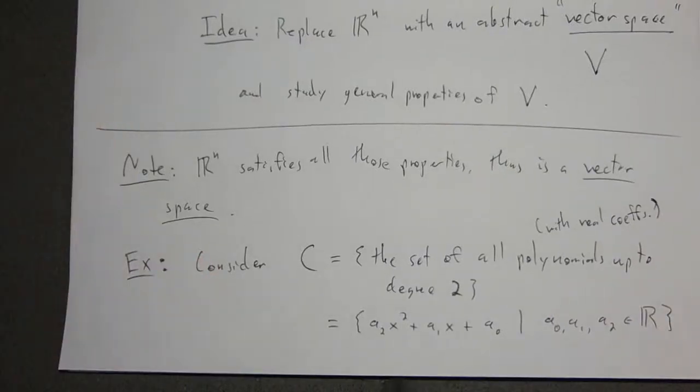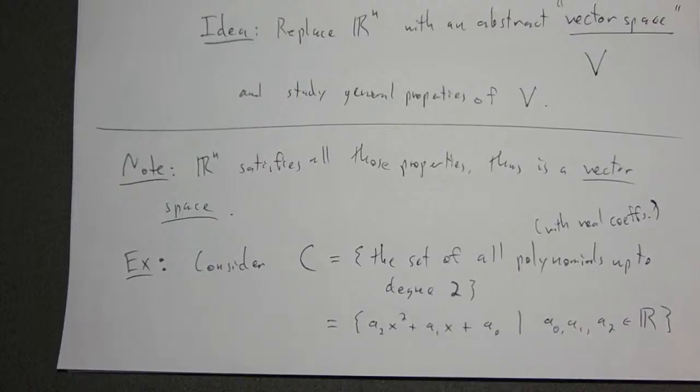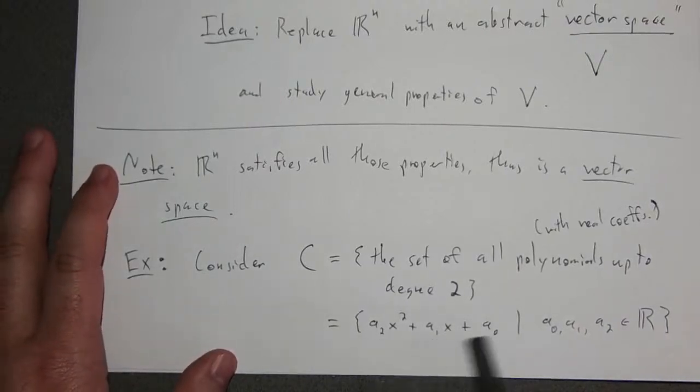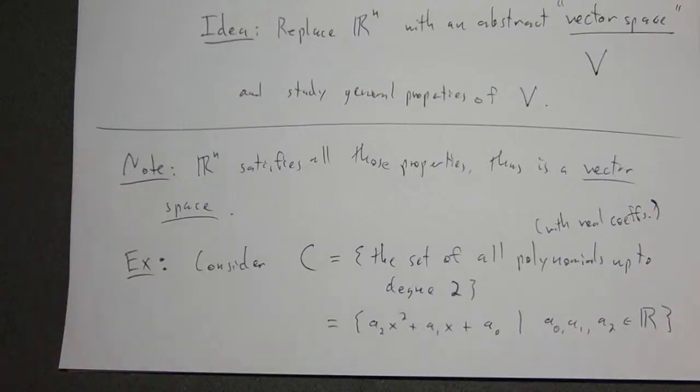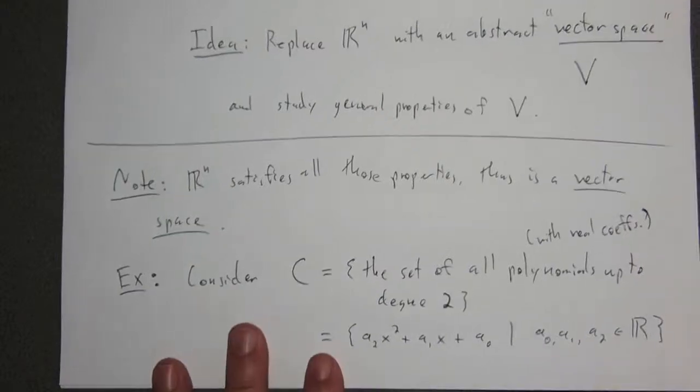Then I have a set here. It's the set of all polynomials up to degree 2, so they look like that in general. Maybe a sub 2 is 0, so that you only have a linear thing, or maybe a sub 2 and a sub 1 are both 0, so you only have constants. Those are still examples of polynomials. So let's quickly go through our list.